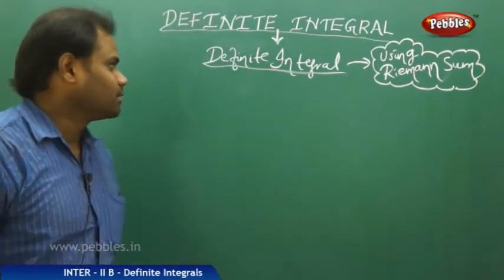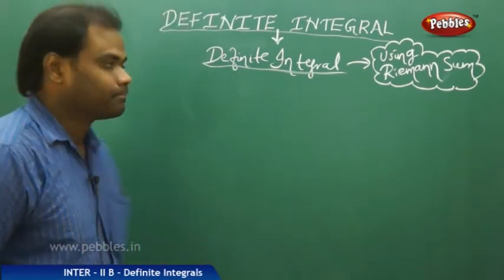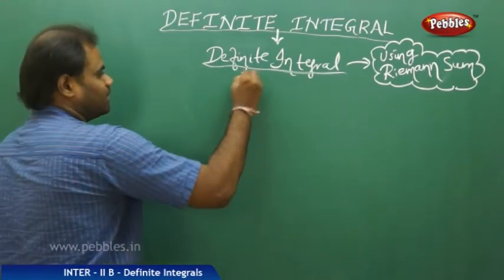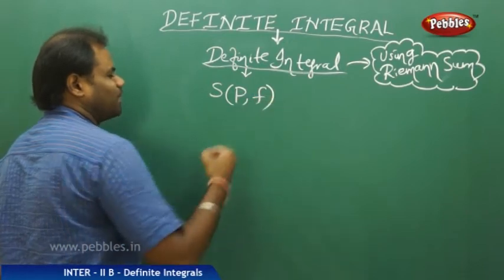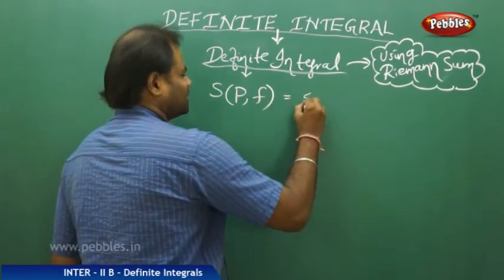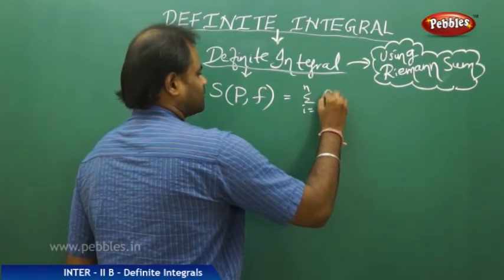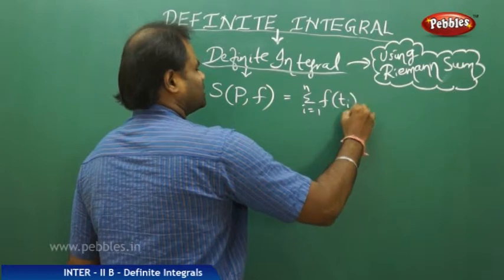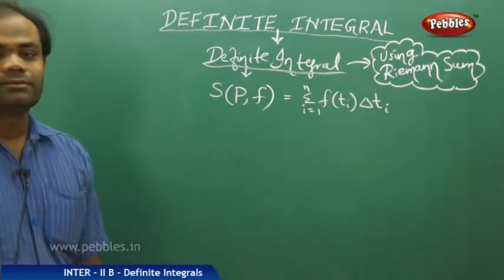Now let's define the definite integral using the Riemann sum. We know that the Riemann sum for the partition P and the bounded function f is defined as sigma, i running from 1 to n, of f of Ti delta Ti.